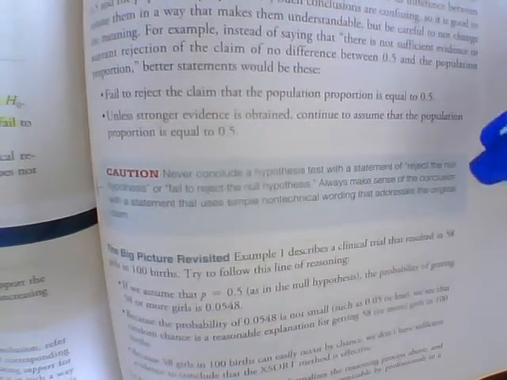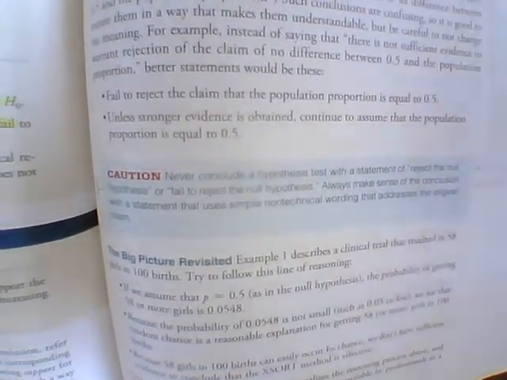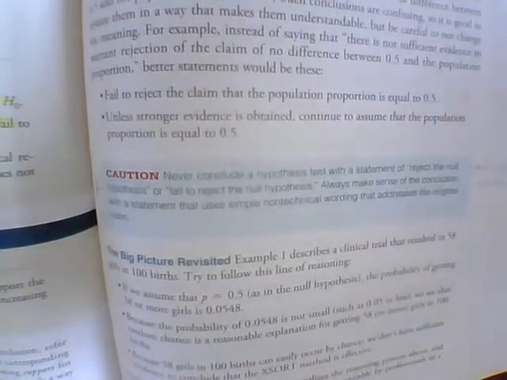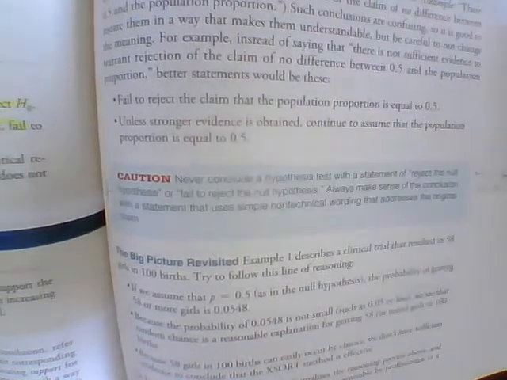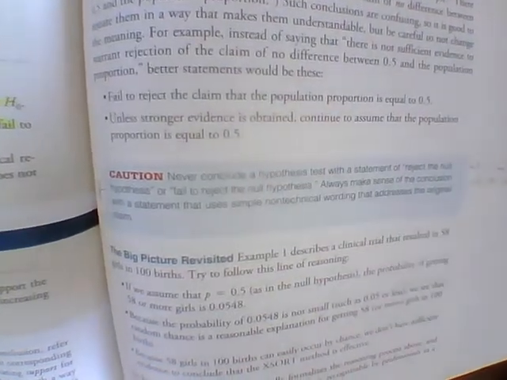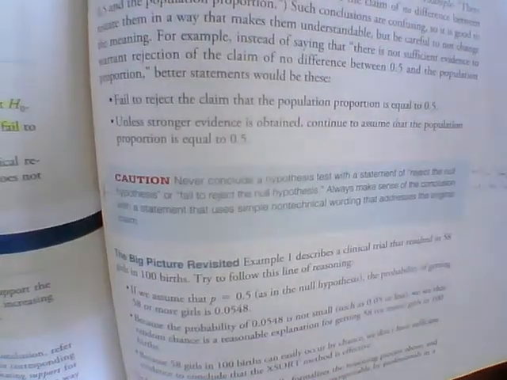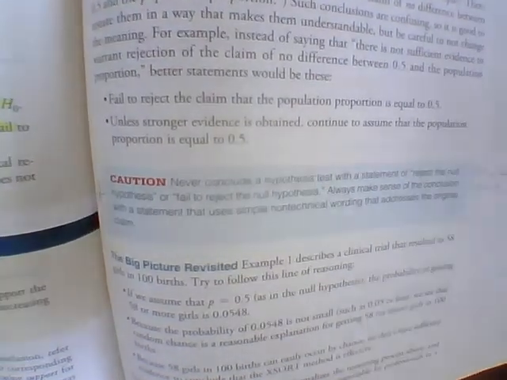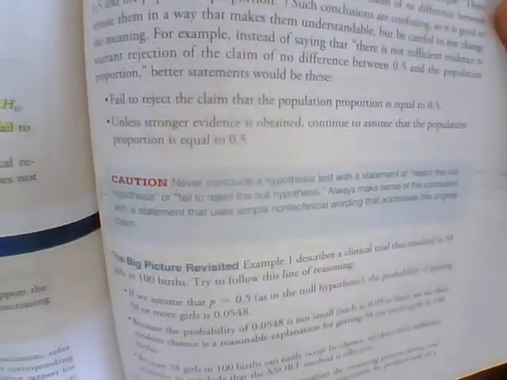But what we really want to do is state our conclusion back in terms of what our claim is. Okay, and as we go through examples, you will see this a little better. So once again, the null hypothesis is not always what we have for our claim. Sometimes it's that alternative hypothesis.